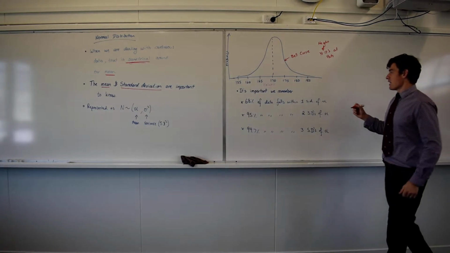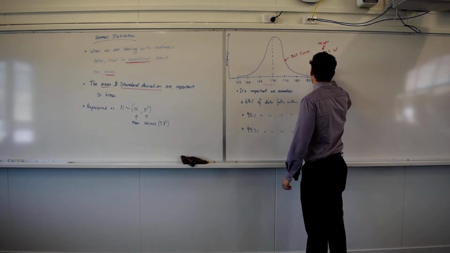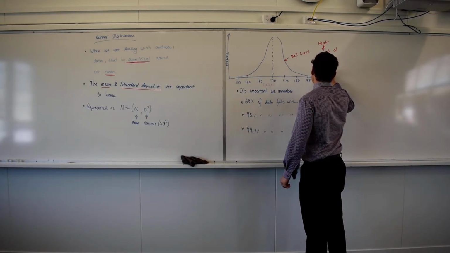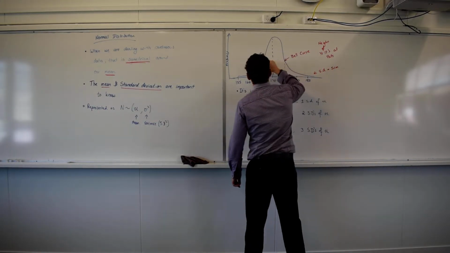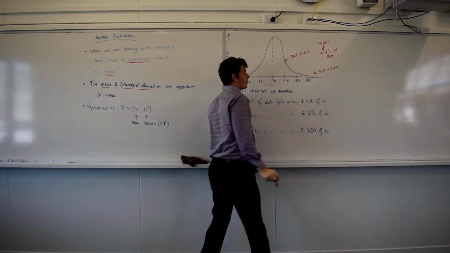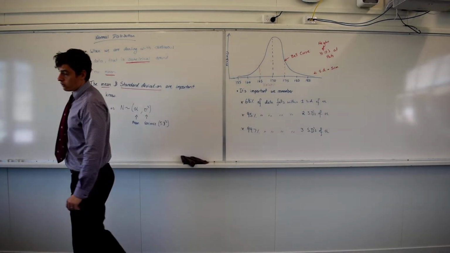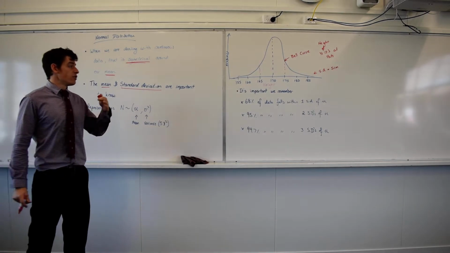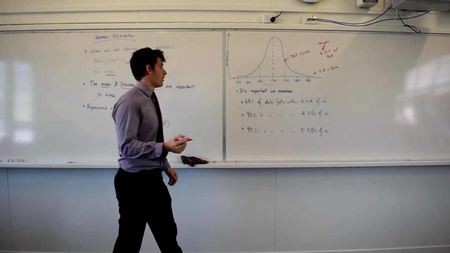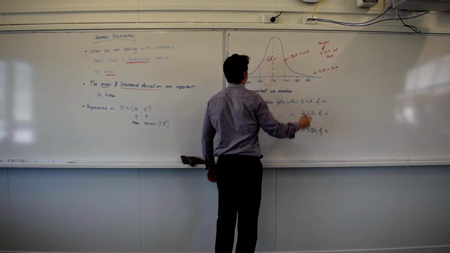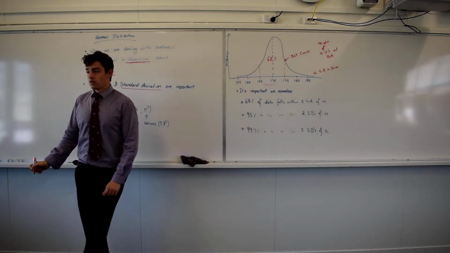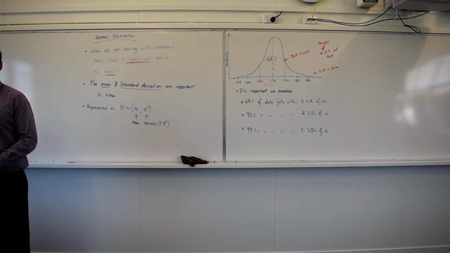So let's say the standard deviation of this distribution is 5 centimetres. That would represent 1 standard deviation above and 1 standard deviation below the mean. So between 165 and 175 centimetres, I would expect to find 68% of my population. Does that make sense? I'm not just making up that percentage number.